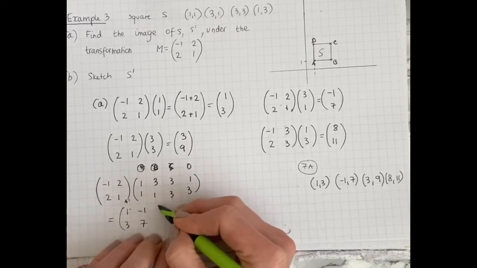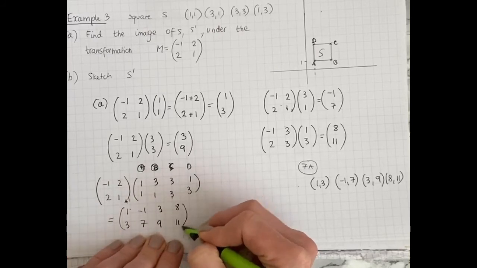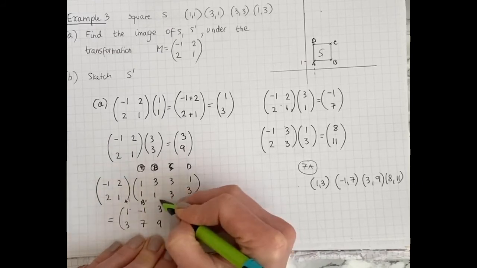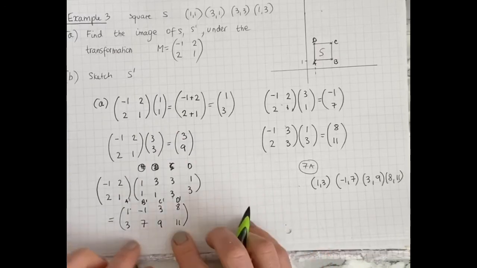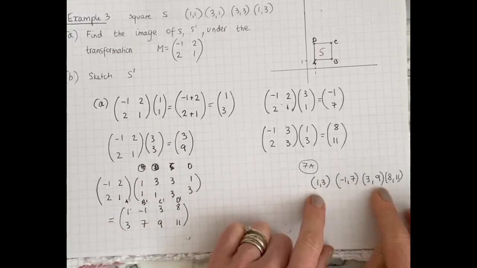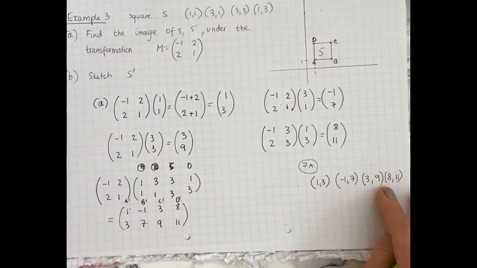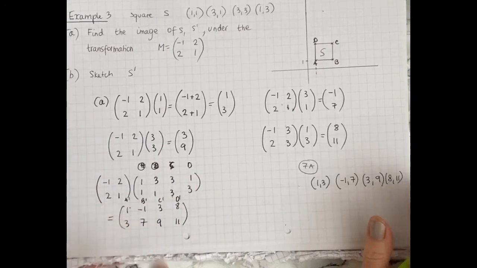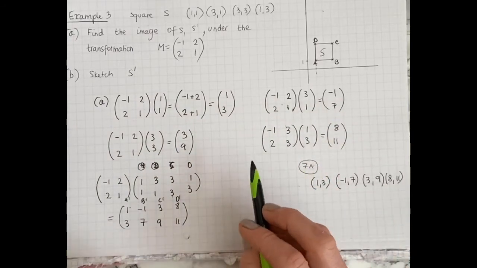The next one is going to be 3, 9, and the 8, 11. As long as you don't get muddled up and you understand that each column of the resulting matrix represents a point, and then transfer it into coordinates of the point. If they ask you for the position vector of each point, you would have to take them out of there and write them separately as above.